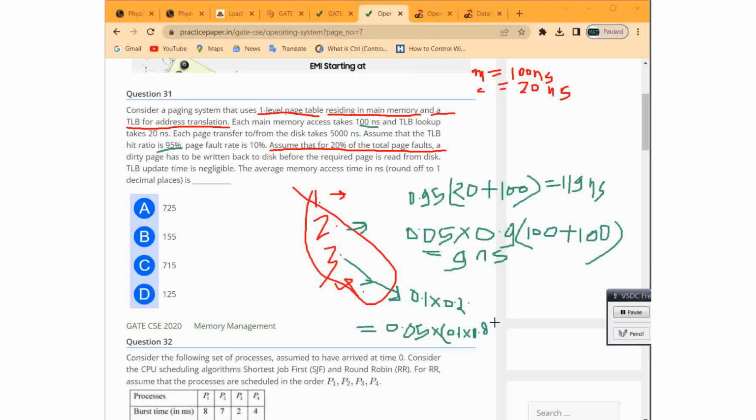Then we don't have to write back to disk, we only have to bring in the page from the disk. So we only take 5000 plus 100 nanoseconds.